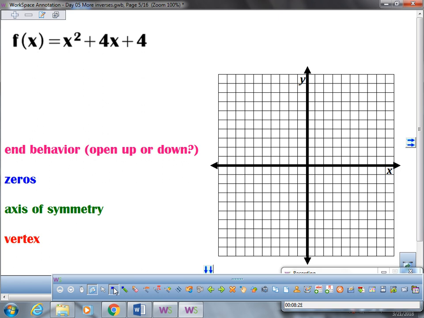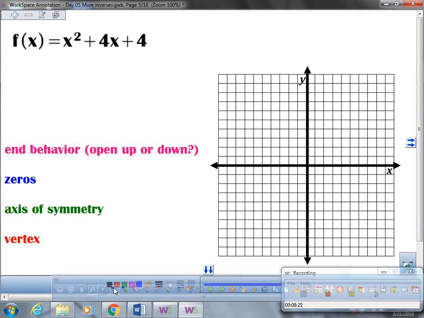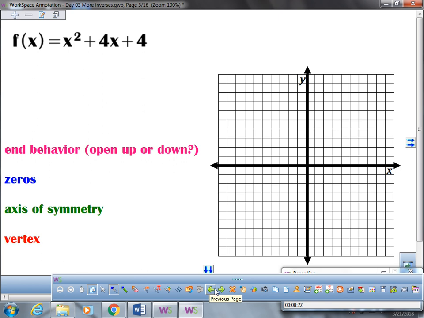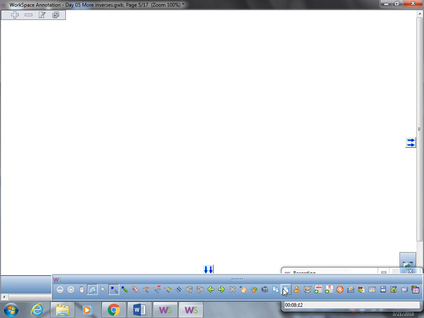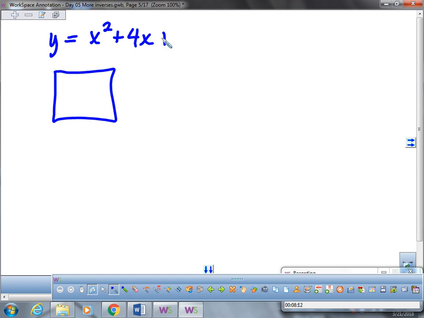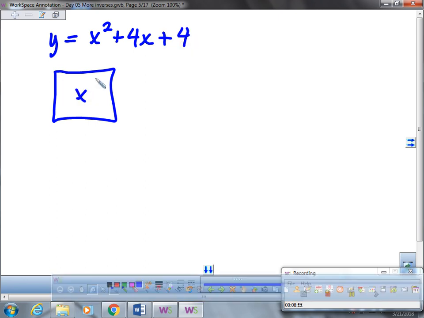All right. This is actually a perfect square trinomial, because half of 4... let's do this. Guys, remember this? If this is an x squared, and I have 4 x's, and I split them in half, wouldn't I have 2 x's on each side?